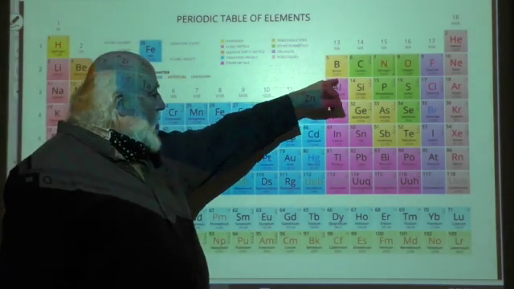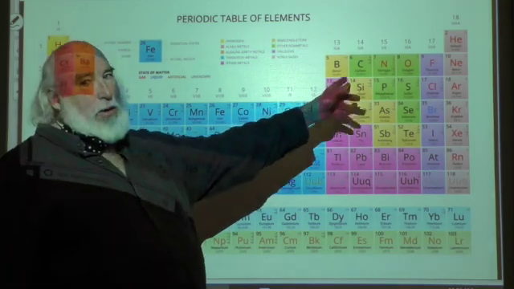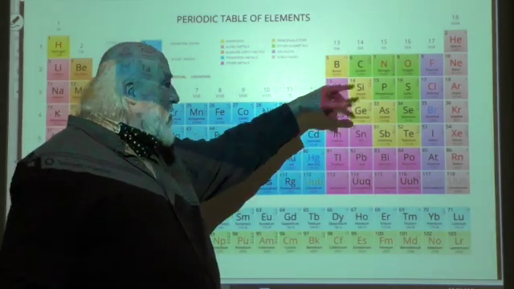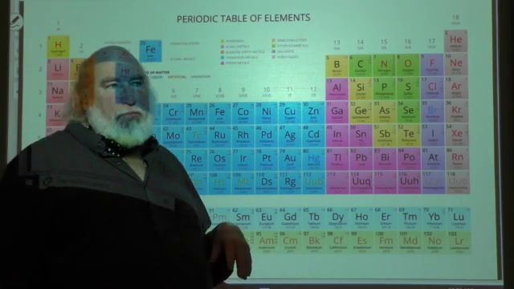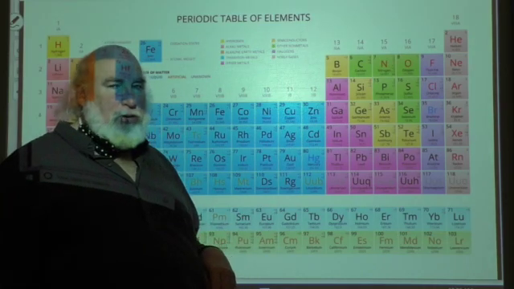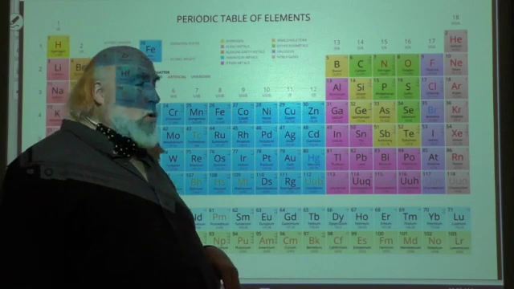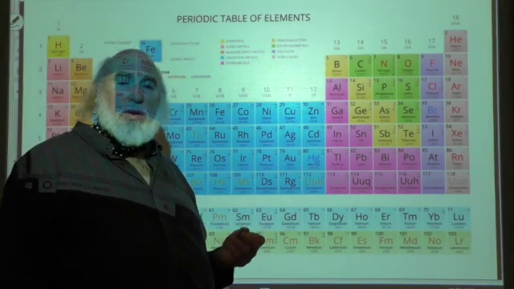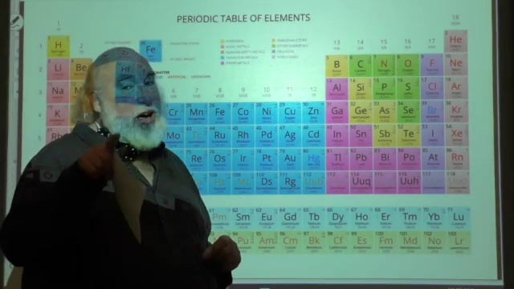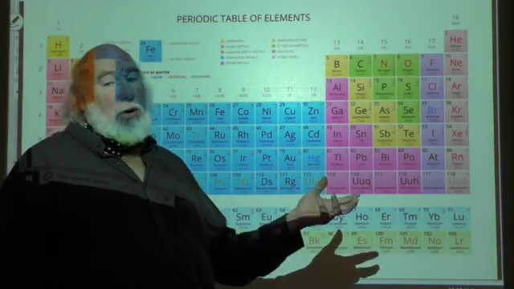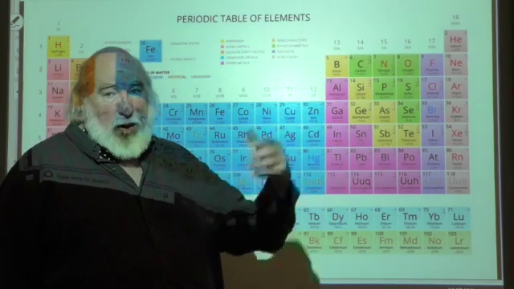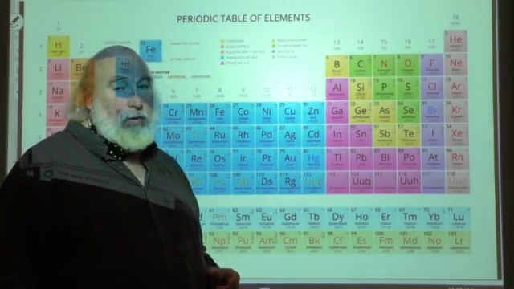For the metals, start with aluminum, 3A. Aluminum is a metal, even though it's on the staircase and should be a metalloid, but tell that to yourself when you drink a soda out of an aluminum can. Or, as they say in the rest of the world, aluminium. In fact, that's how it's supposed to be said. It was changed by a guy who developed Alcoa, the company that we have over there in the Quad Cities.